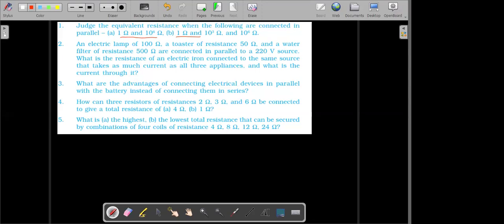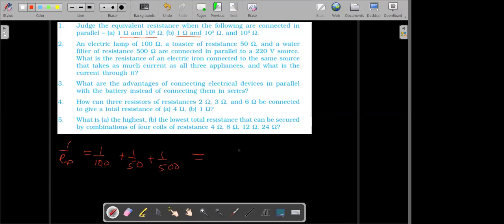So all the devices are connected in parallel. So you have to find the equivalent resistance in the parallel combination. The equivalent resistance in the parallel combination will be given as 1 over R_P equals 1 over 100 plus 1 over 50 plus 1 over 500.